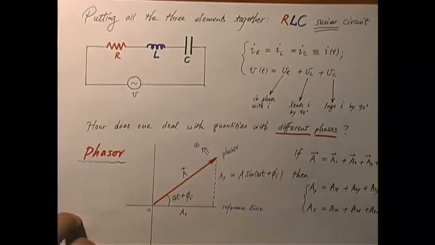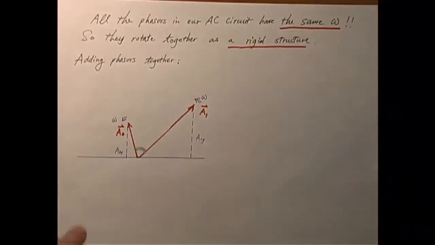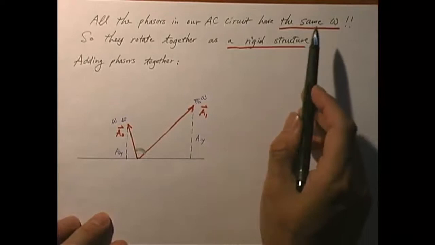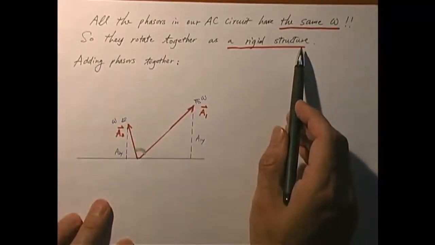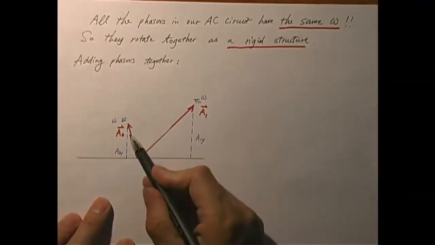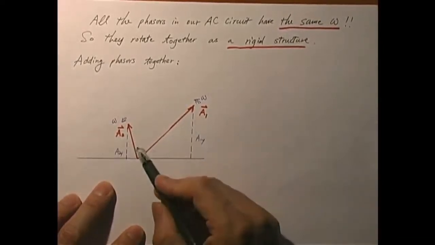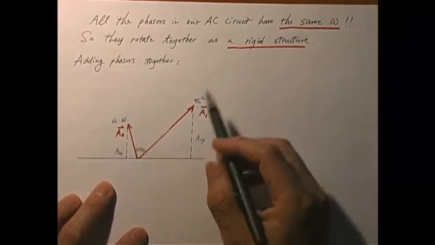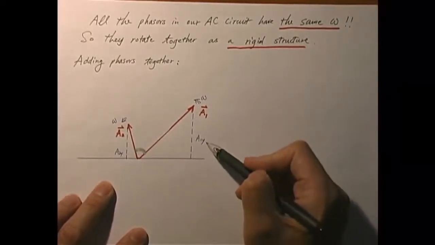Again, all the phasors in our AC circuit have the same omega, so they rotate together in a rigid structure. With that in mind, let's try to add two phasors together. I get A1 and A2, right? Two phasors. Again, the meaning of A1 and A2 is that the y component of A1 corresponds to a real physical quantity, which is a sine function of time, okay?